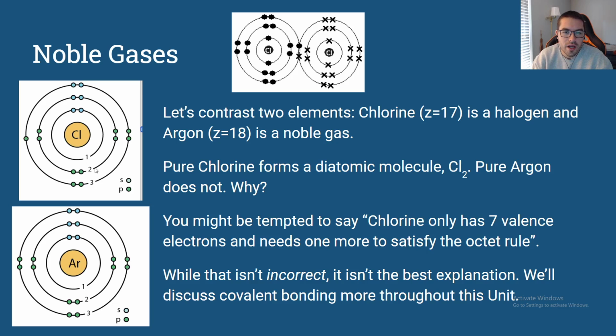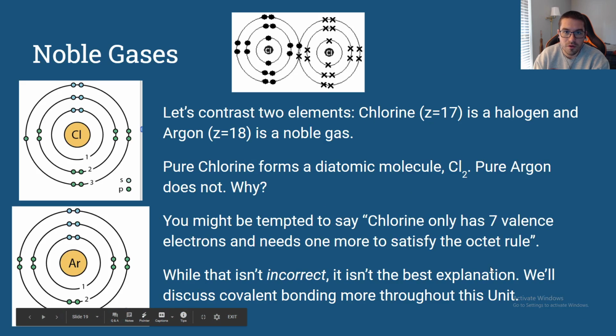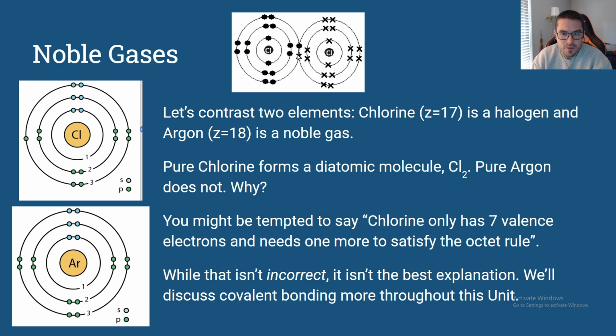The reason that 2 chlorine atoms will join up and form that diatomic molecule is exactly the same reason that hydrogen atoms do the same thing, okay? If you look here at this drawing or model of 2 chlorine atoms, there is an open spot for an 8th electron to occupy in this 3rd energy level. And if you imagine having 2 chlorine atoms when they are separate compared to when they are together, it's when they're together that their overall electrostatic potential energy is at a slightly lower state.